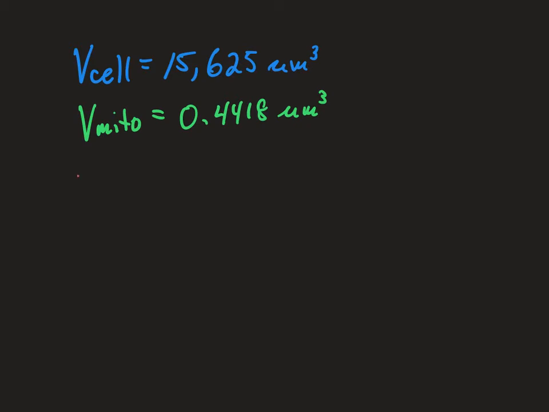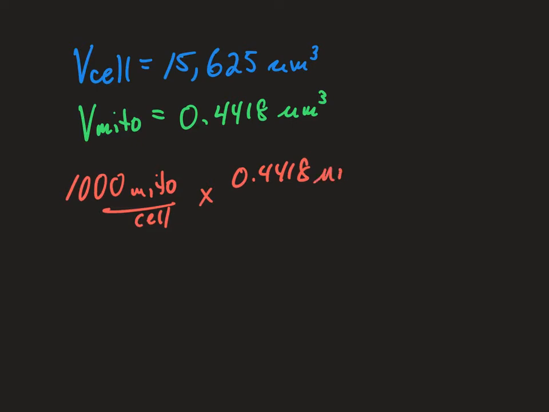So if we take 1,000 mitochondria per cell, and we know that there's 0.4418 cubic micrometers per mitochondrion, that says that the mitochondria are taking up 441.8 cubic micrometers of that cell.